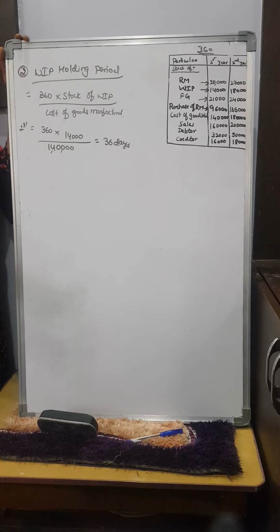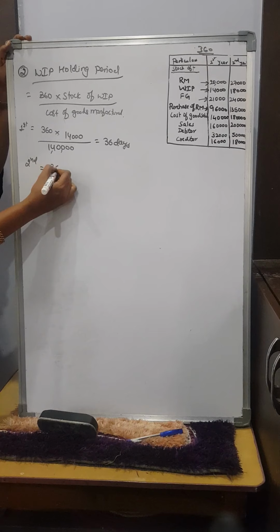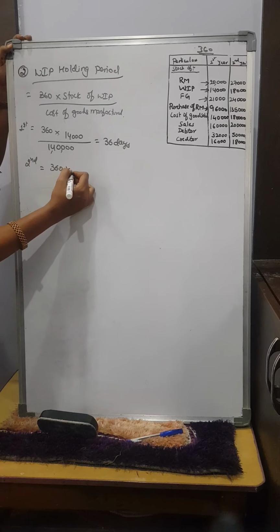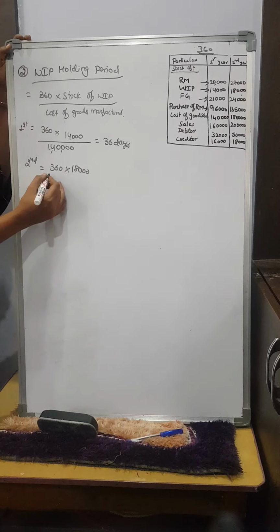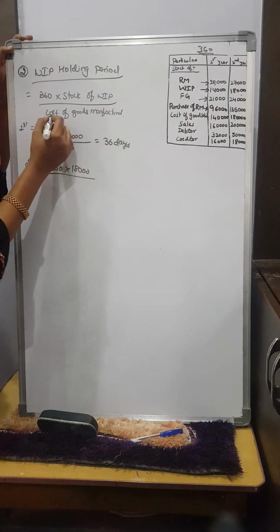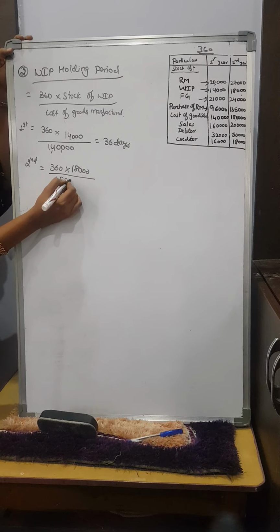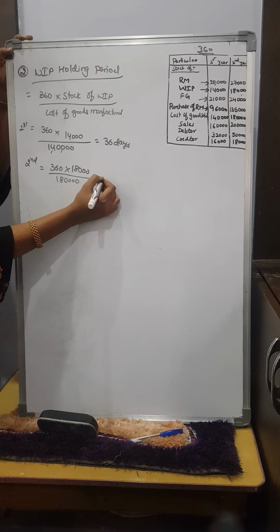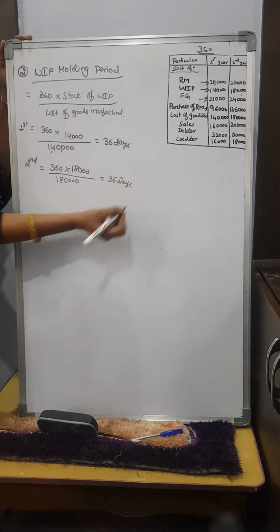For the second year, same thing, 360 into work in progress 18,000 divided by the cost of goods sold, which is the same as cost of goods manufactured, 1,80,000. If you substitute, you will be getting the same 36 days.